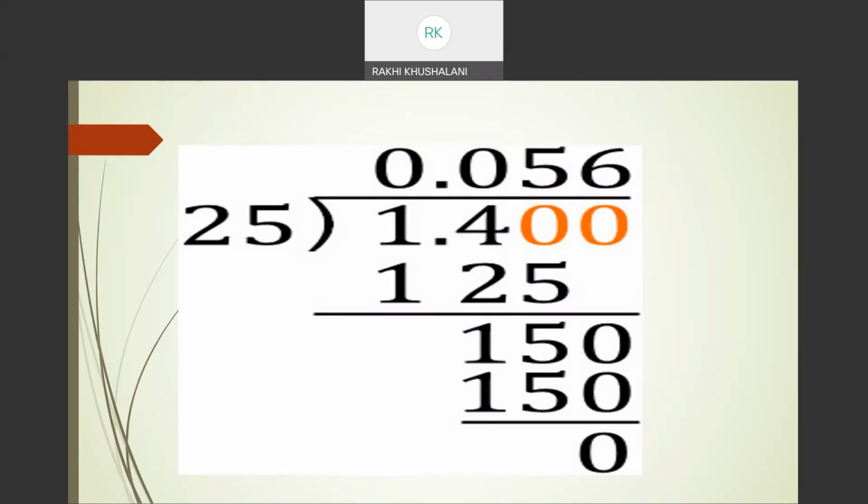Next, 1.4. There is a little difference here. Divided by 25. Children, the number in black is the actual dividend, that is 1.4, and 25 is the divisor. Now, when I am doing this division, not much changes take place. Put the decimal above the decimal.